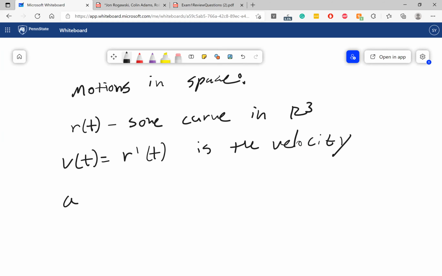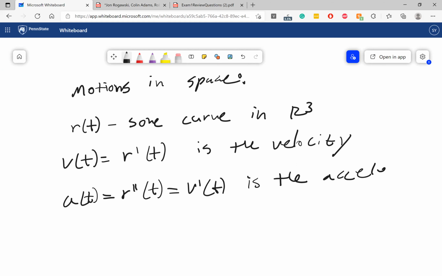And then a of t, which we call acceleration, is equal to r double prime of t, which is equal to v prime of t, is the acceleration.